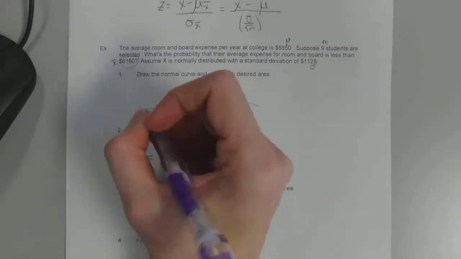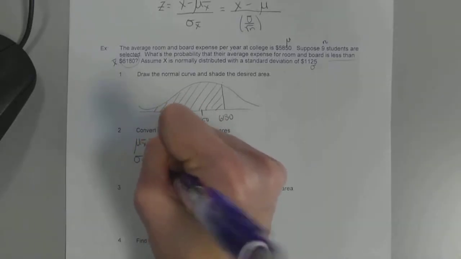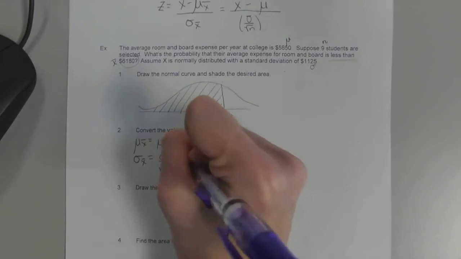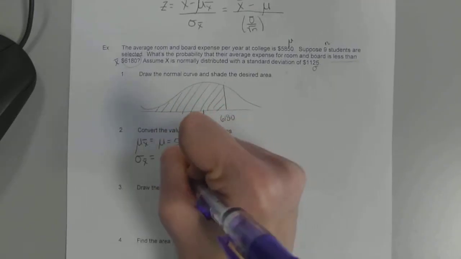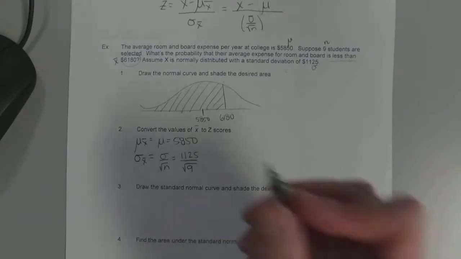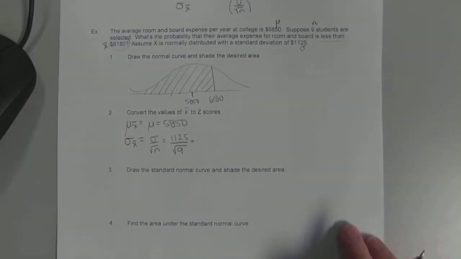What is sigma of x bar, though? That formula that we circled on page 3, it's sigma over root n. So in this case, we do have to do something. We have to take sigma, which is 1125, and divide by the square root of our sample size, which is 9. What do you guys get when you take 1125 divided by 3?